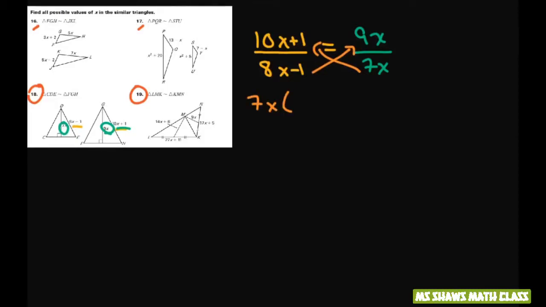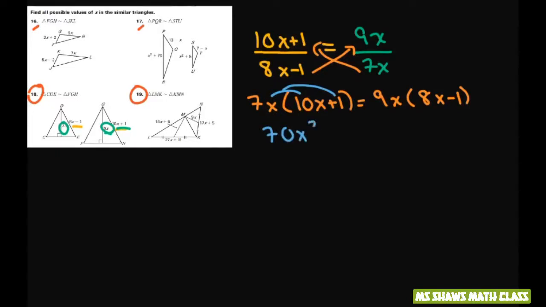So that would be 7x times 10x plus 1 equals 9x times 8x minus 1. Now simplifying by distributing here, we get 70x squared plus 7x equals 72x squared minus 9x.